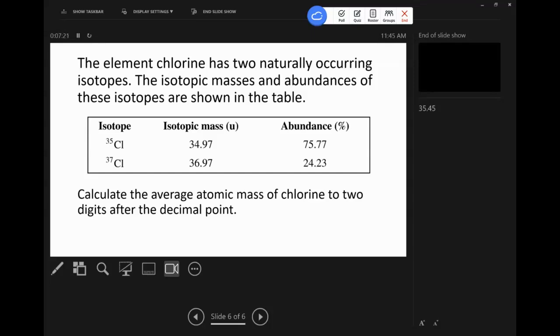So we'd have 0.7577 times its corresponding isotope mass, and then add all that together.